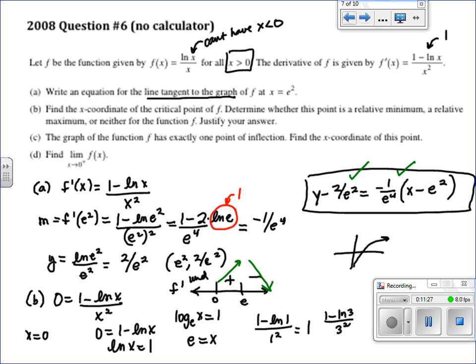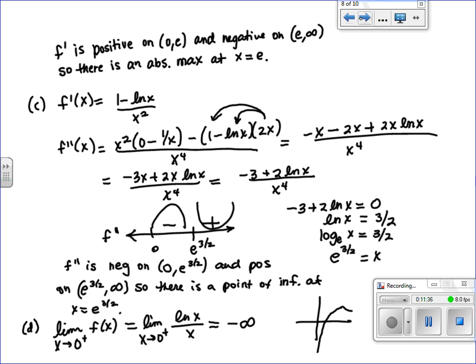So we got our 2 points. Part B, we got 1 point for realizing it was at x equals e, 1 point for realizing that it was a relative maximum, or absolute maximum in that case, and 1 point for the justification, so saying that f prime is positive and negative. All right, and the last one we get 1 point for our answer, which is negative infinity.